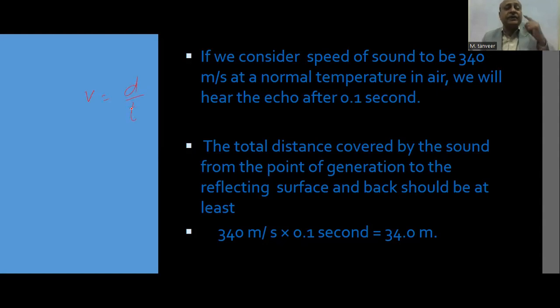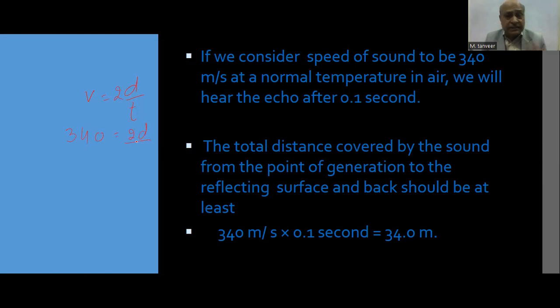Here the sound waves travel double the distance. First the sound moves towards the wall or building, then the sound waves bounce back and travel double the distance. So instead of D, we will take 2D divided by time, and the speed of sound in air is equal to 340 meters per second.